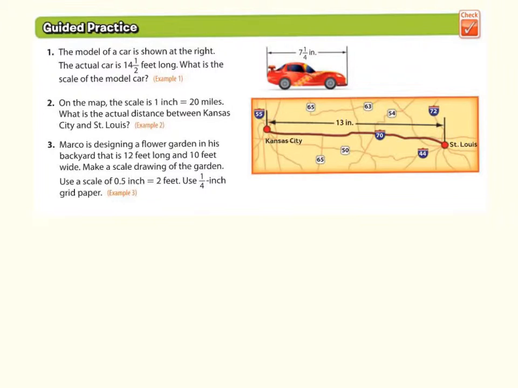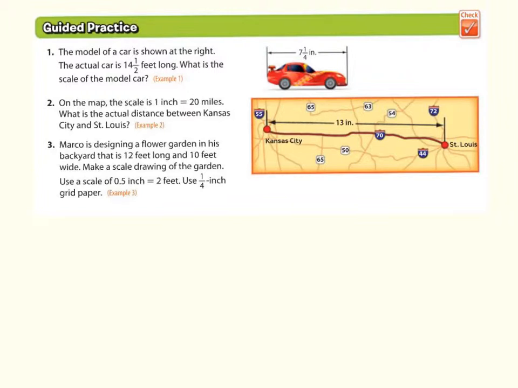So this page is technically in your books, but you can just get it from this video. So read through 1, 2, and 3, and let's figure out if we have to write the scale or if they're giving us the scale for each problem before we start solving them. So for number 1, we actually have to determine the scale.